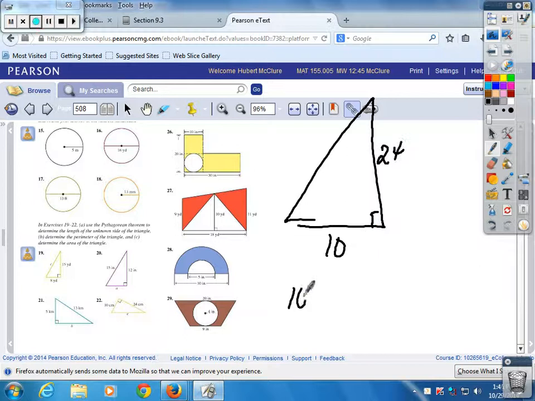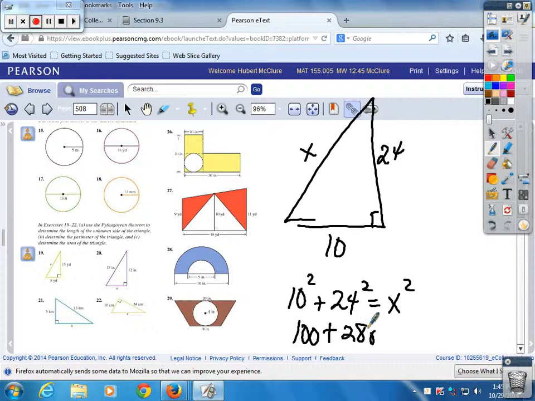So 10 squared plus 24 squared is equal to X squared. We're looking for X. And 100 plus 24 squared is what? Take the square root of both sides.